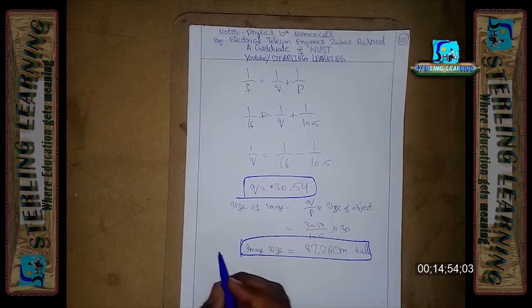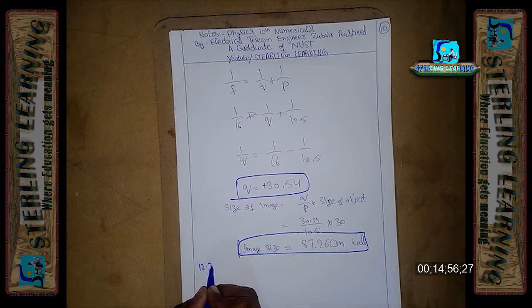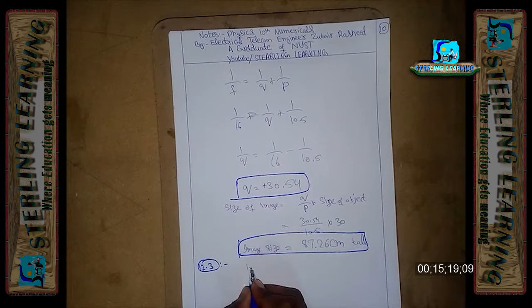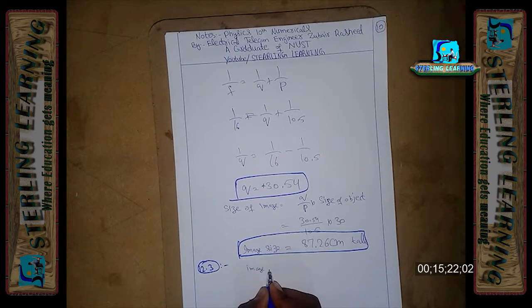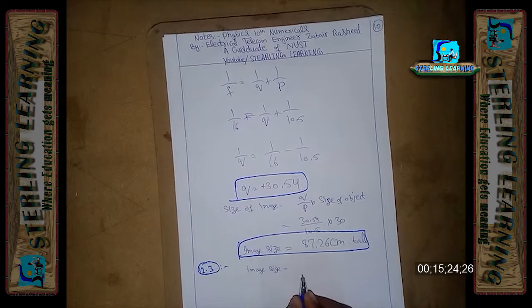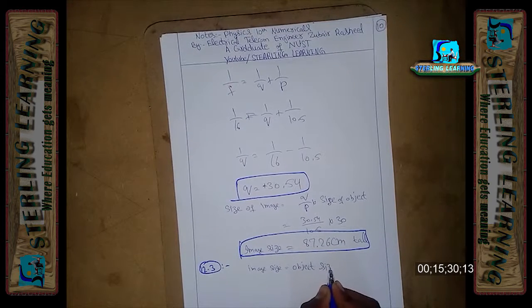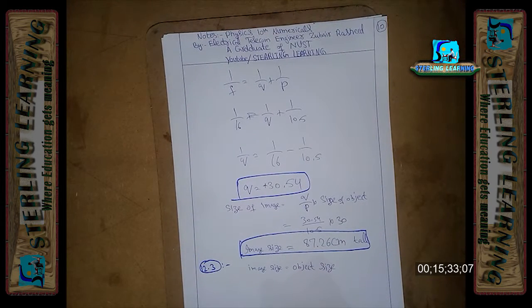Now we're going to do 12.3. In this numerical we are given an object and its image in a concave mirror that are of the same height. Image size is equal to object size, yet inverted.